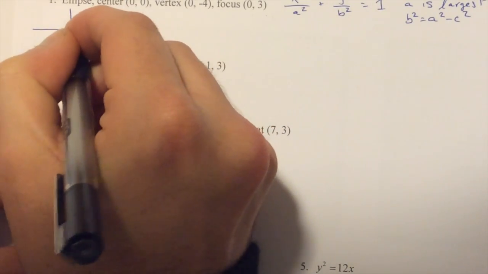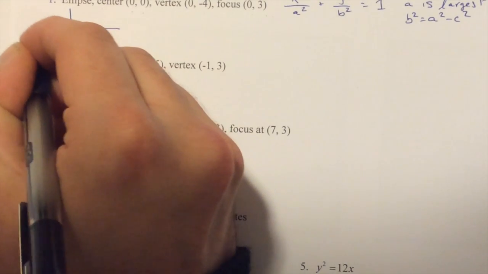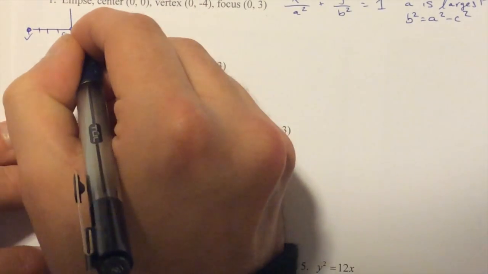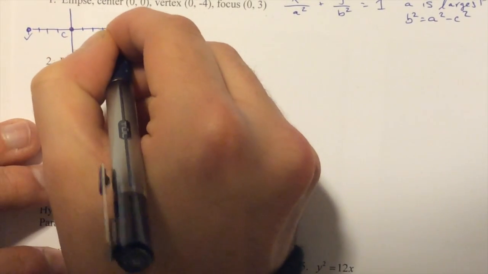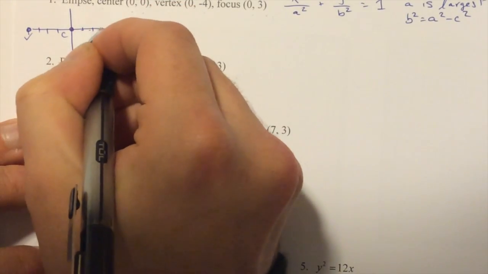Our center is at (0, 0). One of our vertices is at negative 4, so that means our other one is at 1, 2, 3, 4. And our focus is at 3, 1, 2, 3.